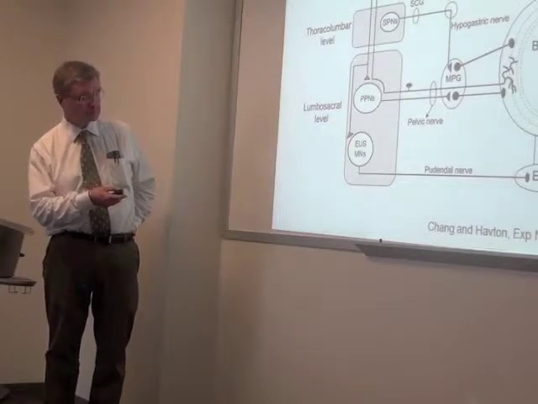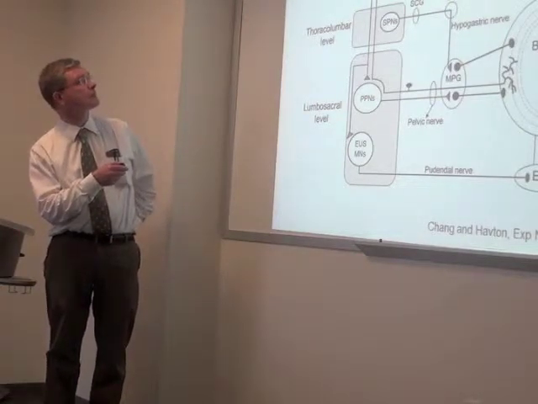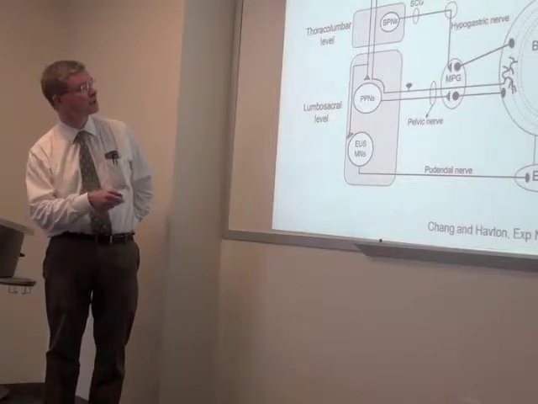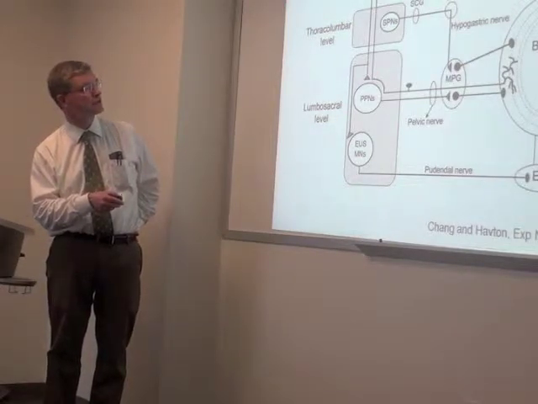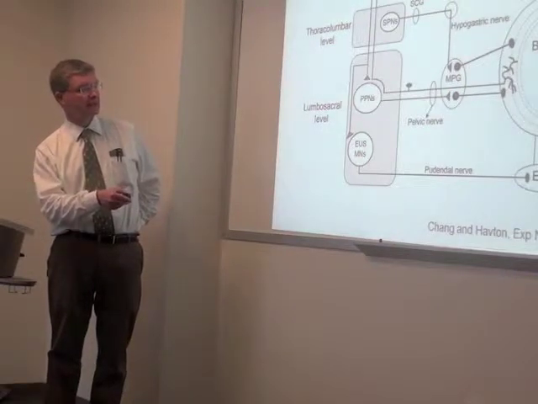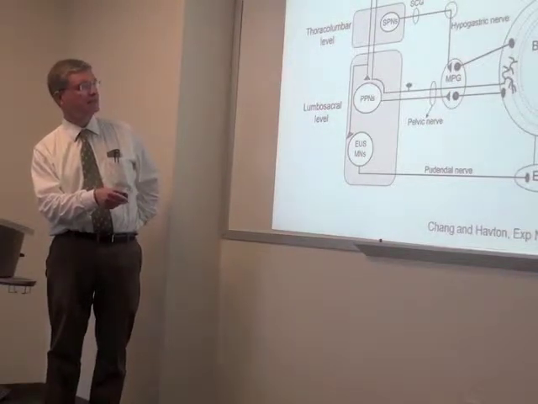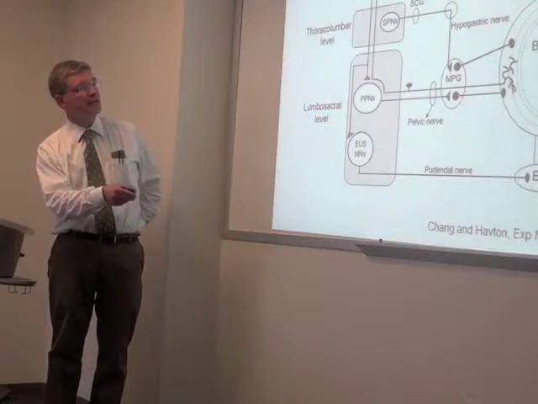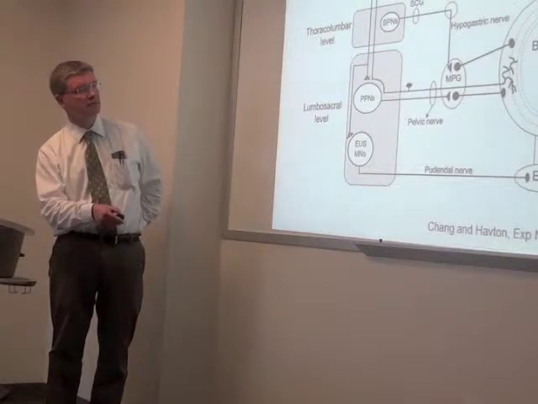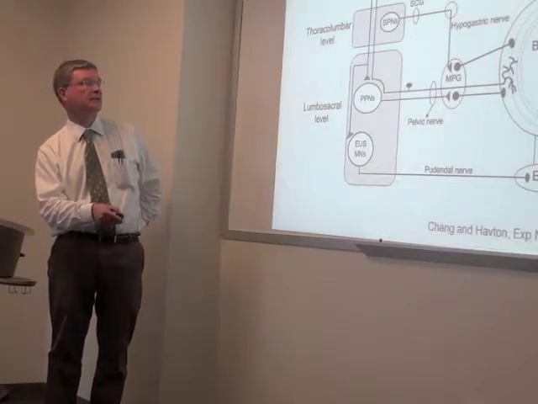What this schematic drawing shows is that from the lower part of the spinal cord, you have different nerves that exit the spinal cord, may go to autonomic ganglia in the pelvis, and then ultimately innervate the bladder, or in this case, a muscle that's called the sphincter muscle that is very important for control of the bladder.